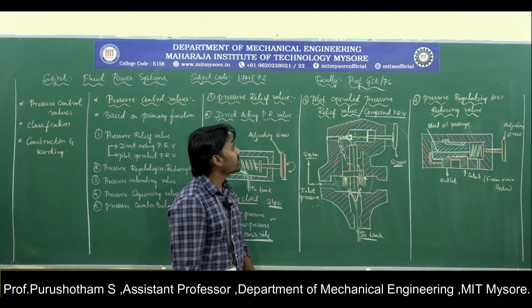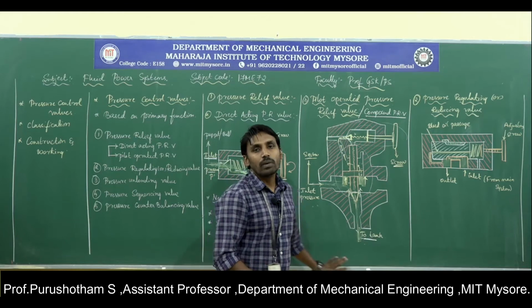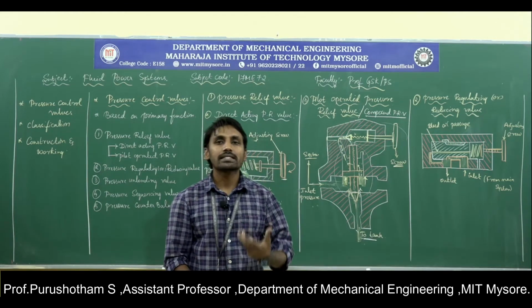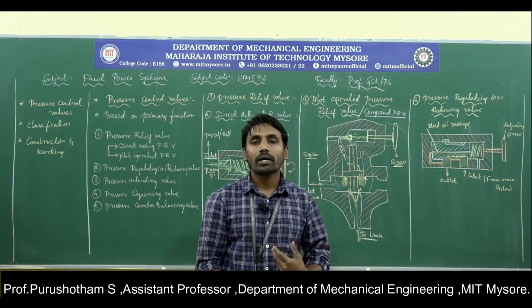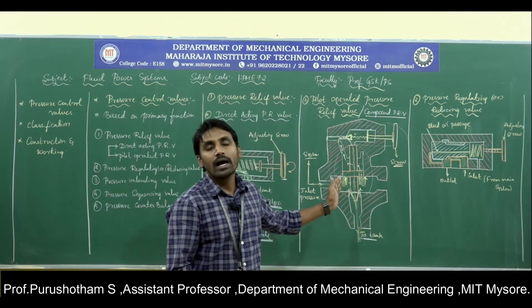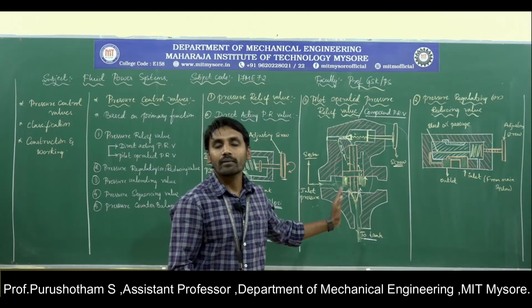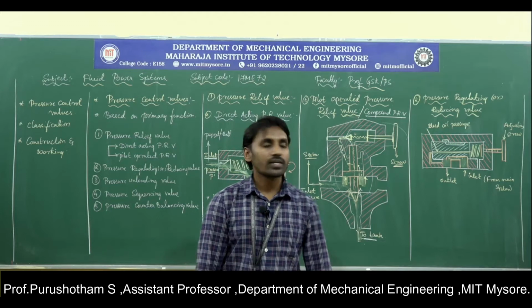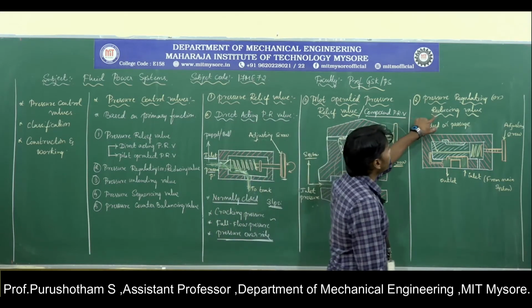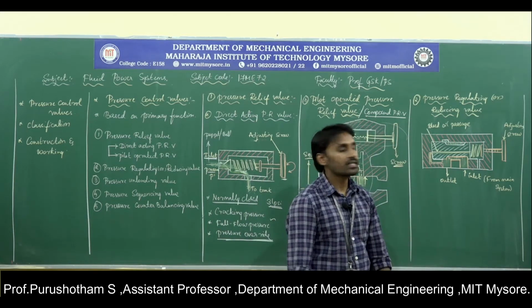The pilot operated pressure relief valve is compact and is used for high pressure and high flow rate applications. Next we move on to the pressure regulating or pressure reducing valve.